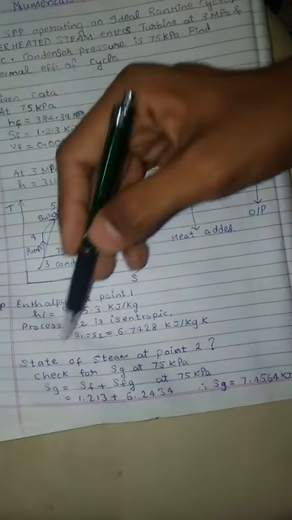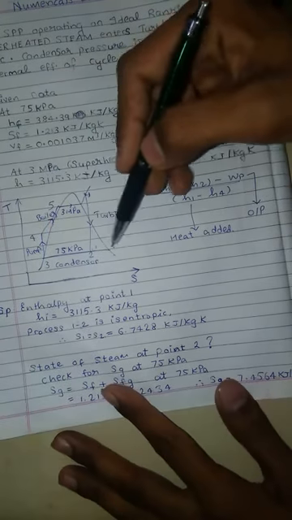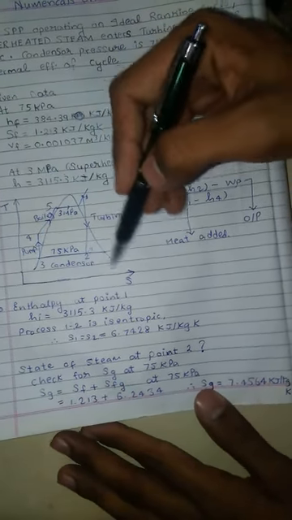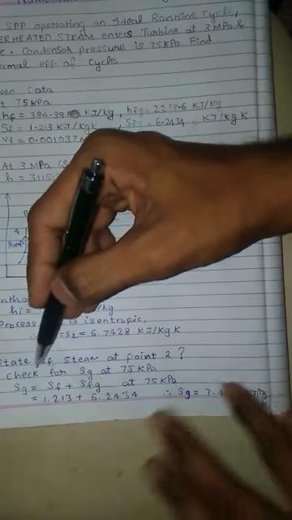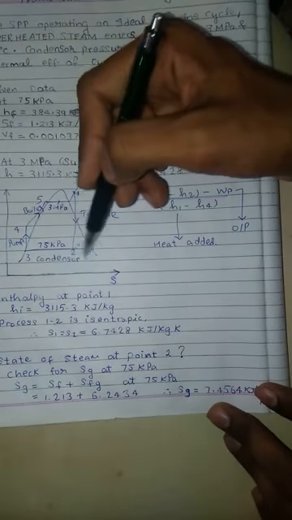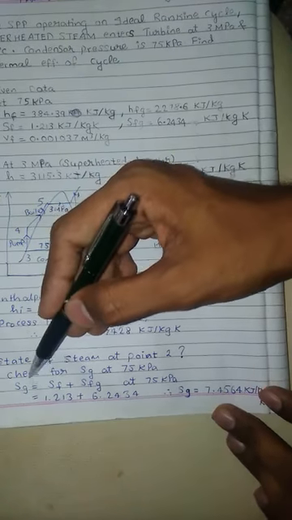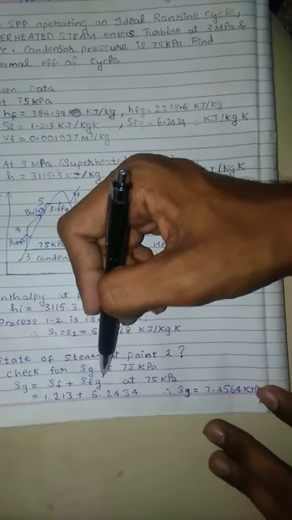Now comes the question, how did I take the state at point 2 to be wet steam? So check for Sg at 75 kilopascal. As you know, Sg is equal to Sf plus Sfg.